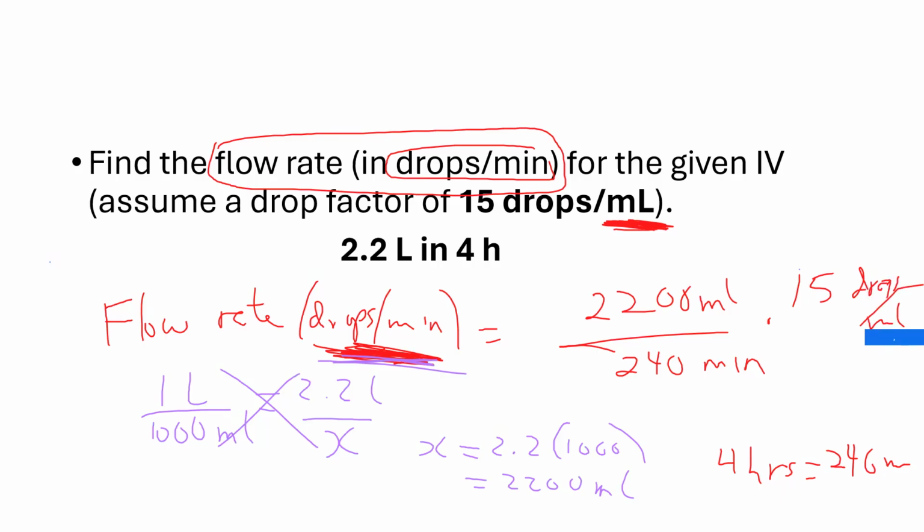So now 15 is 15 over 1. So you go to your calculator and then you do the multiplication. 2,200 times 15 divided by 240. And that gives you 137.5 drops per minute. And that's it. Thank you.